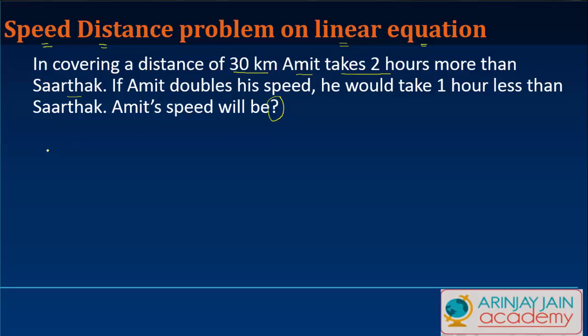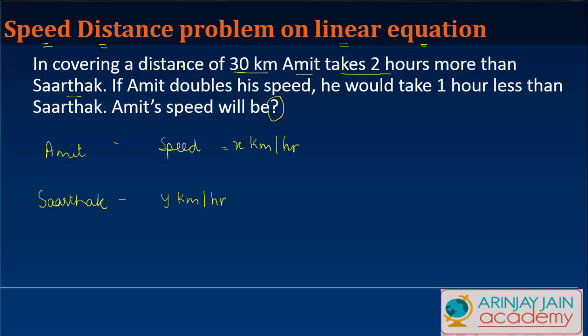So there are two people, Amit and Sarthak. Let us call their speeds: Amit's speed is x kilometers per hour, and for Sarthak, let it be y kilometers per hour.